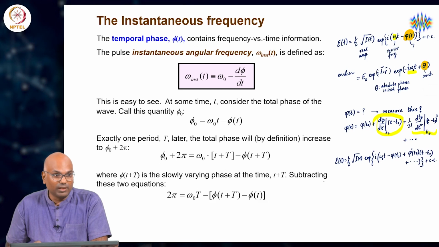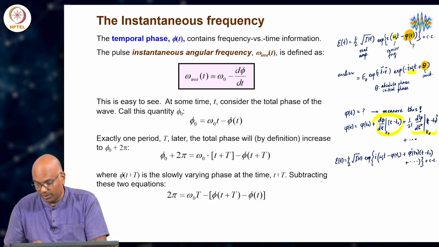Without any loss in generality, I can set t naught to be 0. Okay.